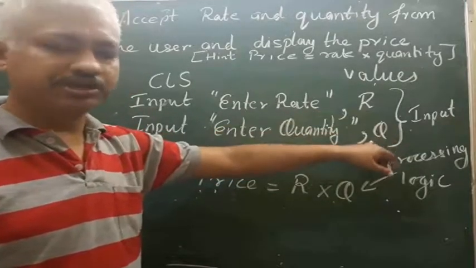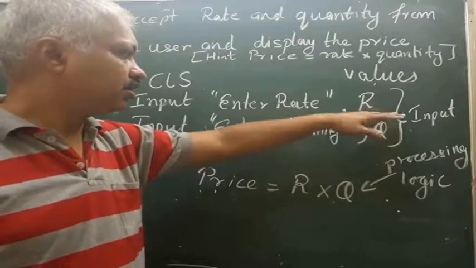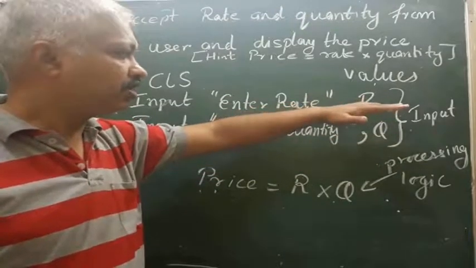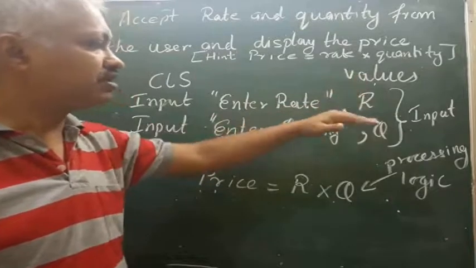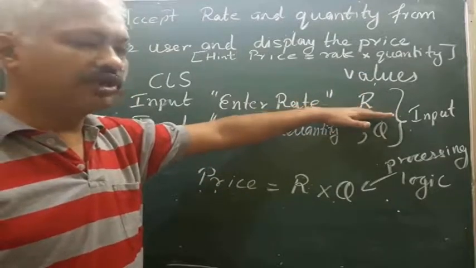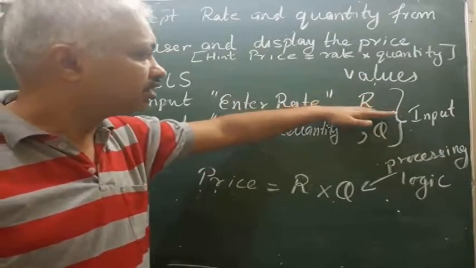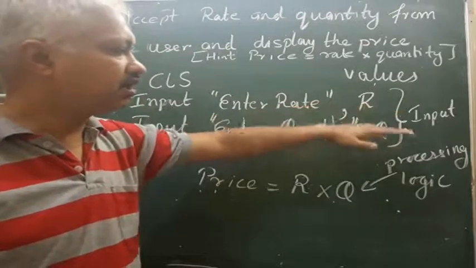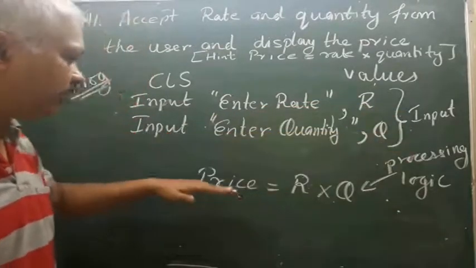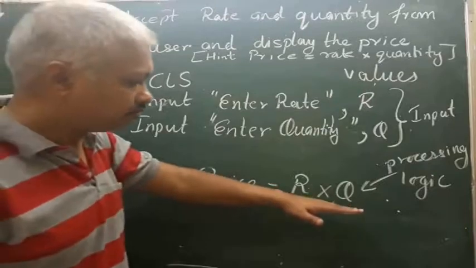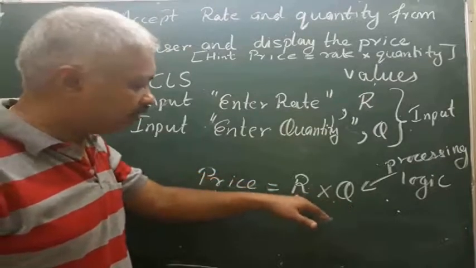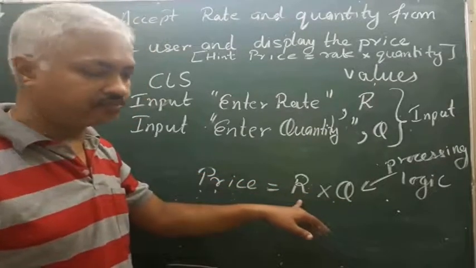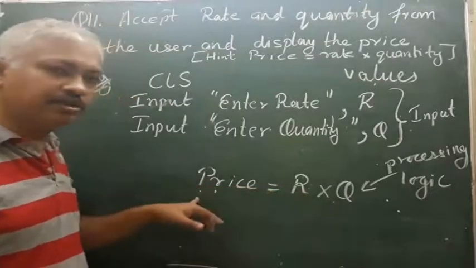These are the memory locations having a specified name. In this memory location, when the user is going to enter the value will be stored in the memory location known as R and the Q. When you are going to process it, the values will be multiplied and the value will be stored in price.